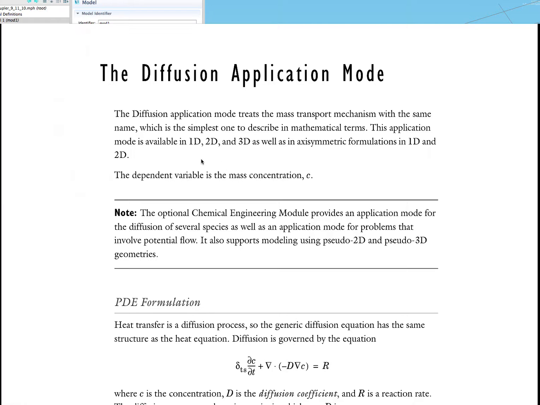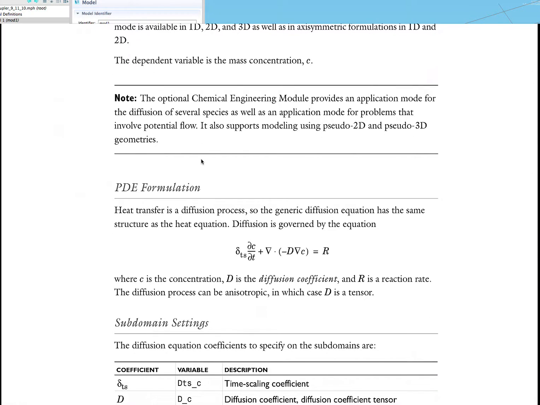There is an application module in COMSOL specifically for diffusion, and it solves a PDE in this formulation.